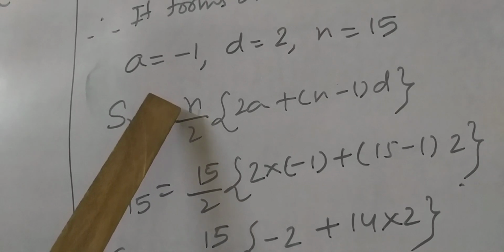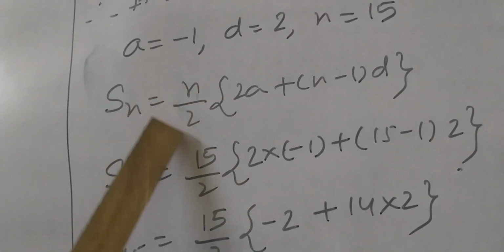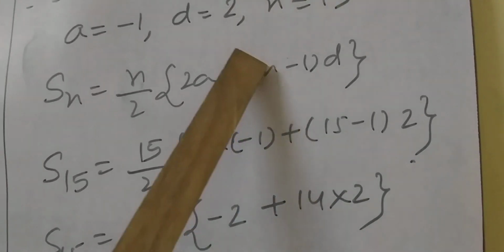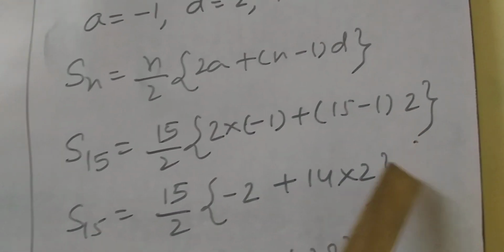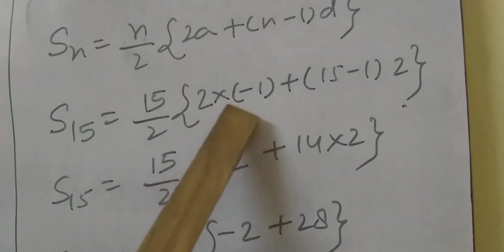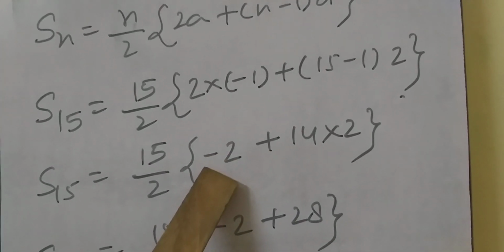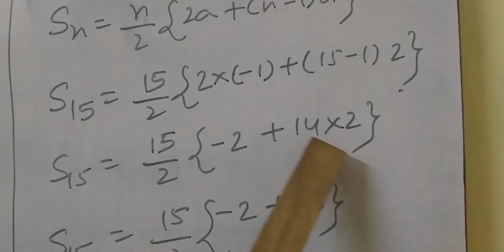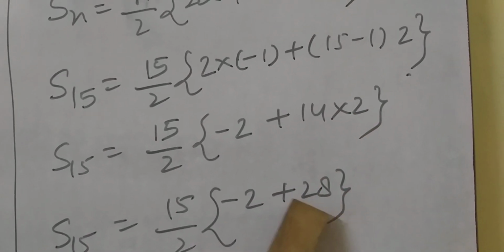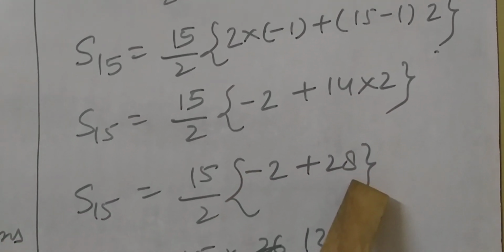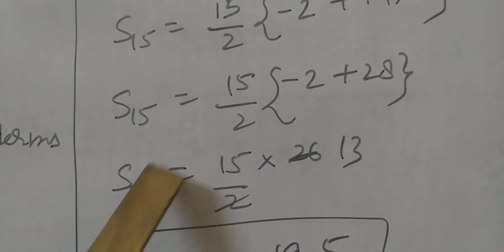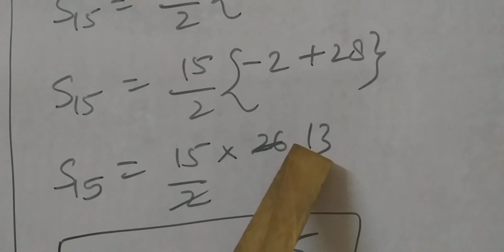Let us put the values of n, a and d: 15 upon 2 into 2 into minus 1, plus 15 minus 1 into d value 2. That is minus 2 plus 14 into 2, 14 2s are 28, minus 2 plus 28, 26.